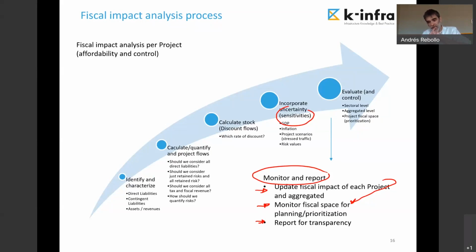If we are assuming that there is a Gaussian risk distribution, a normal function, the median would be the same as the mean.